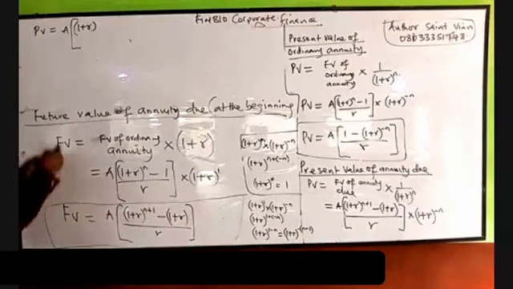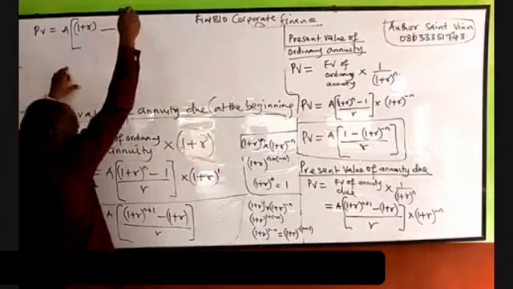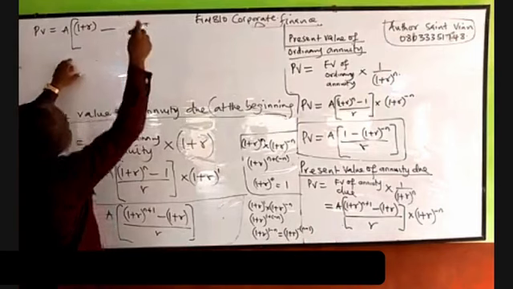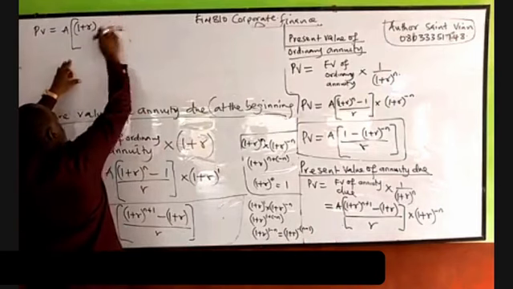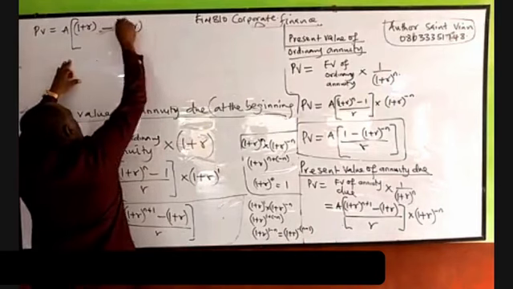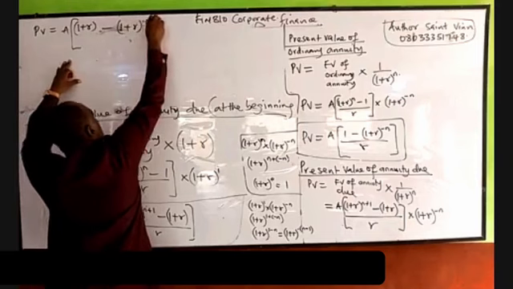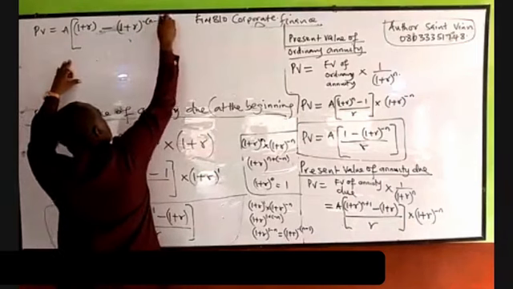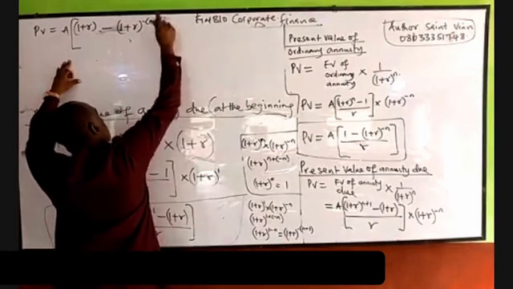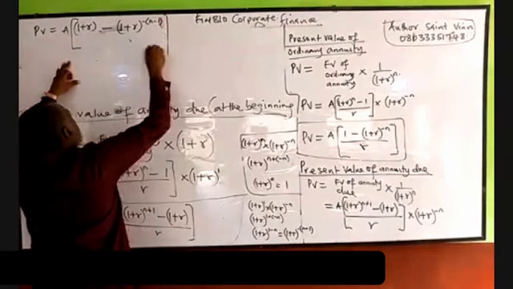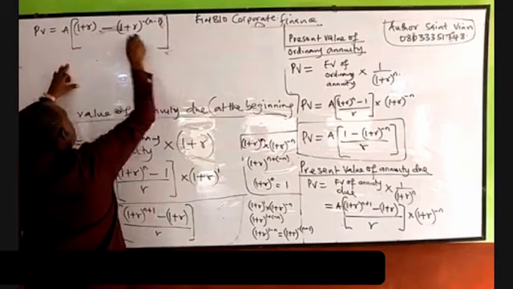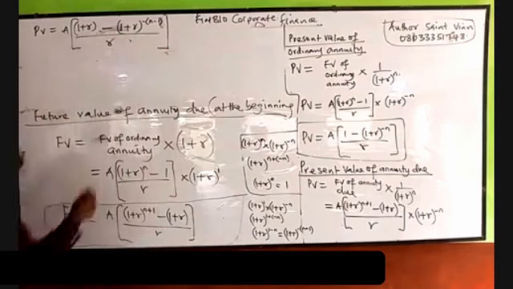So it's going to be minus 1 plus r, all raised to power minus n minus 1, and we'll have this all over r. So that's our formula.